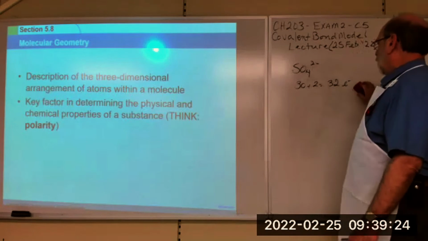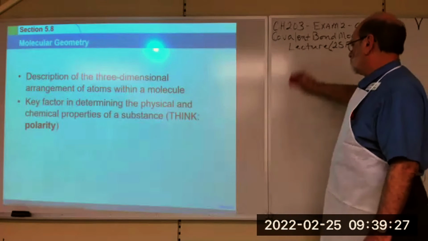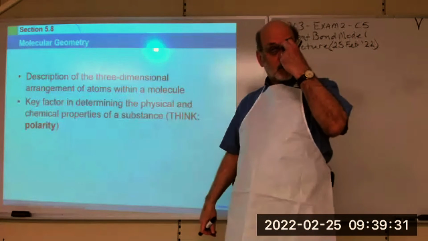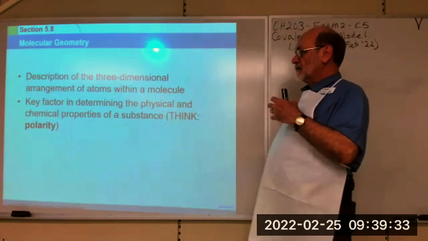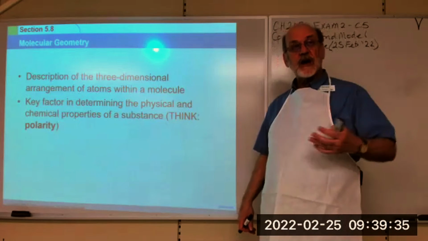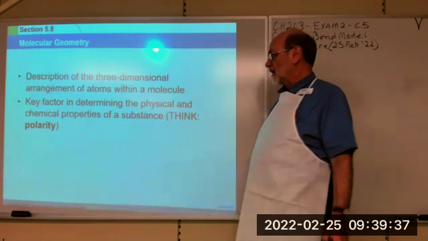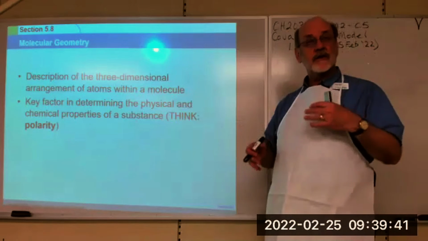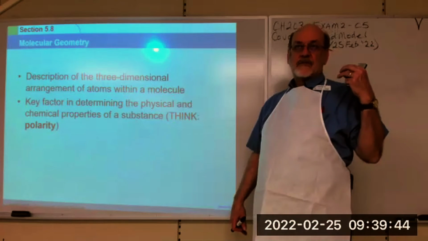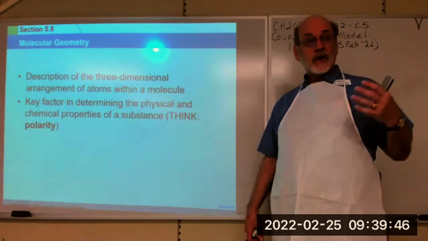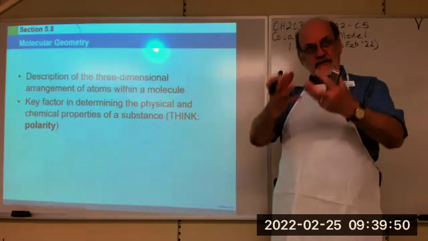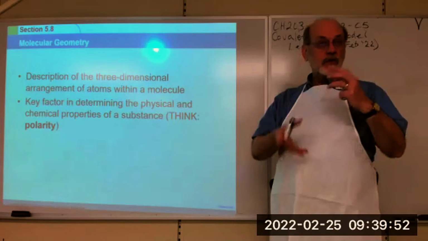Okay, now what good is the Lewis dot structure for our molecules? We can use the Lewis dot structure to say something about the geometry of the molecule. Now, why would we want to say anything about the 3-dimensional arrangement of the atoms? Because that way we can imply whether or not that molecule is polar or nonpolar.